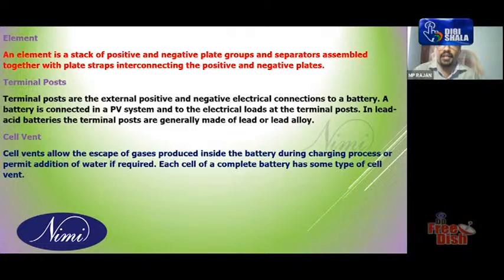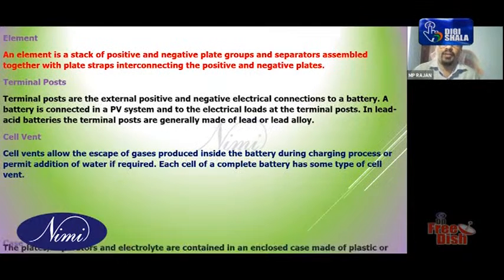Hydrogen and oxygen gases will be formed. These gases should be expelled out through the cell vent. So through the cell vent, the hydrogen and oxygen gas that is formed goes outside. Otherwise it will produce pressure inside the battery, and it may lead to the explosion of the battery.